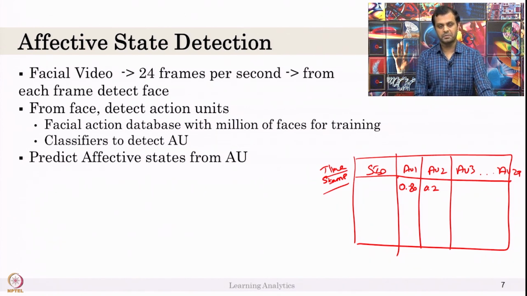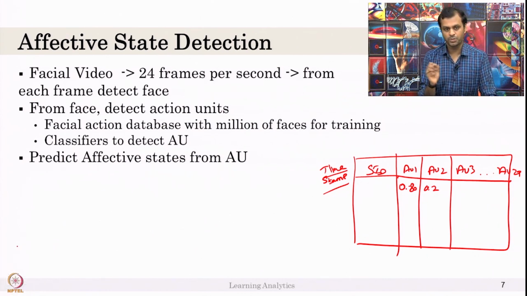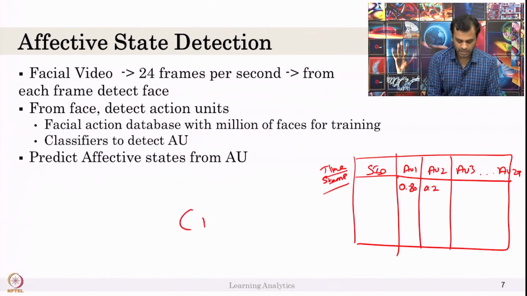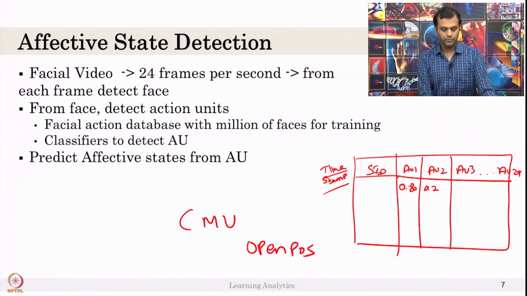iMotions is a commercial company, and the cost in India is really high, around 5,000 to 6,000 euros. There are some open source options available from Carnegie Mellon University. It's called OpenPose. From CMU, OpenPose is another library available on GitHub for free.